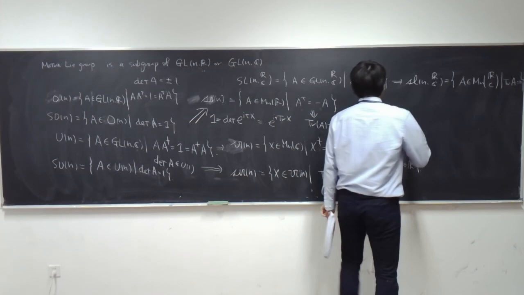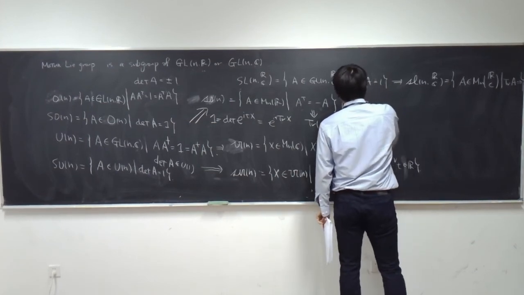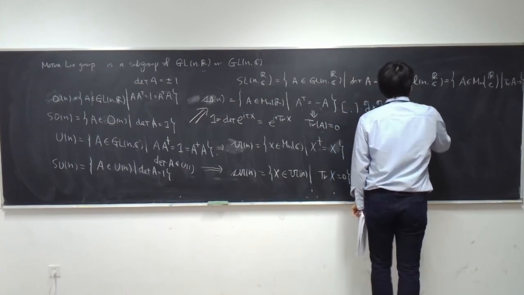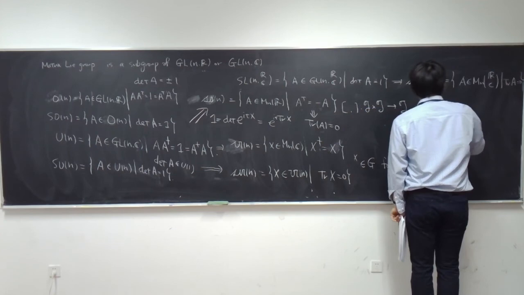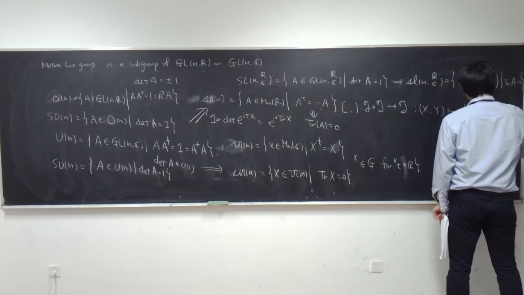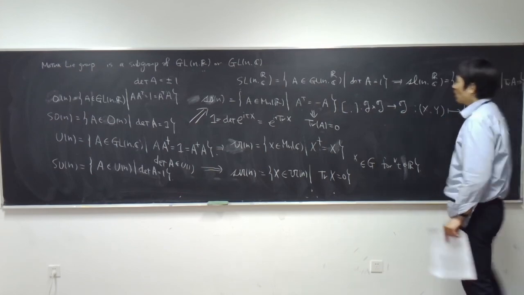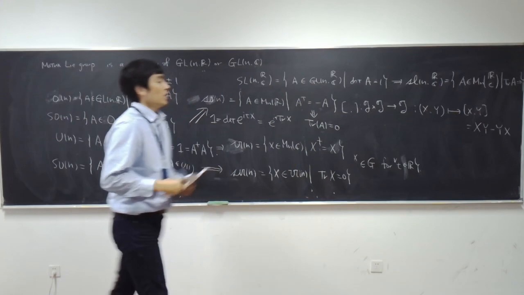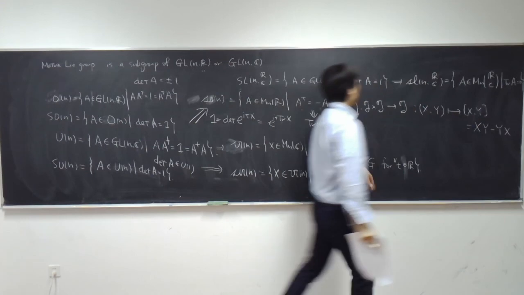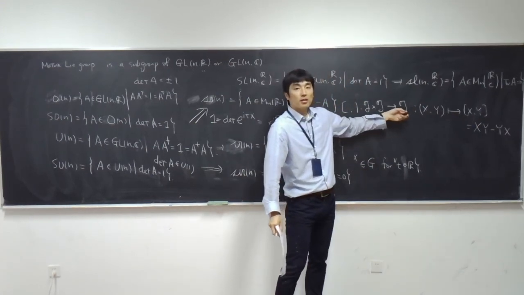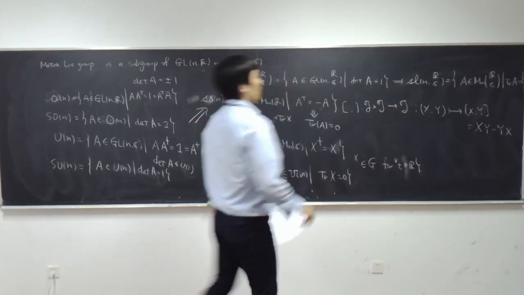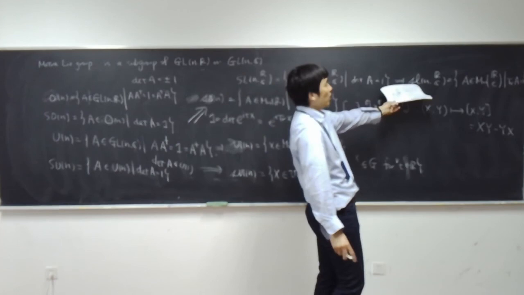In this case, multiplication is given by the commutation relation, so X and Y is mapped to the commutator of X and Y, which is just the ordinary commutation relation. Even though you take the commutator of X and Y, it is still an element of G.